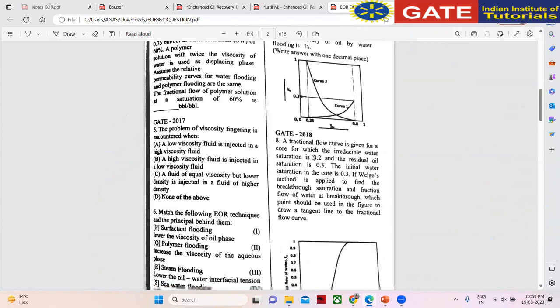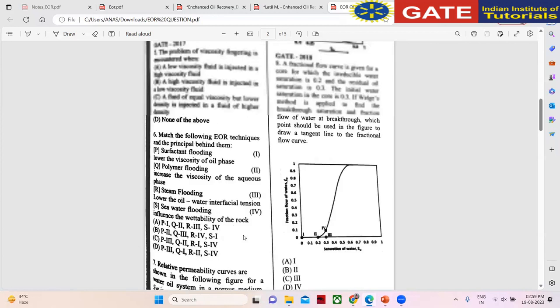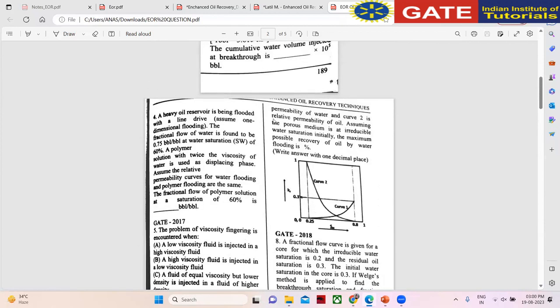This formula question was asked in GATE 2017. Relative permeability curves are shown in the following figure for a water-oil system in a porous medium. SW is the water saturation, and Kr is the relative permeability. Curve 1 is the relative permeability of water, and curve 2 is the relative permeability of oil.